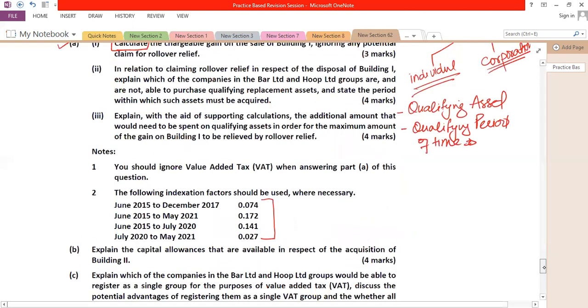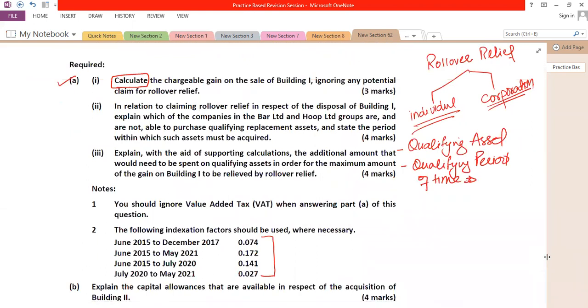Now let's move on to the next part. In relation to claiming rollover relief in respect of the disposal of building 1, explain which of the companies in the Bar Limited and Hoop Limited groups are and are not able to purchase a qualifying replacement asset, and state the period within which such an asset must be acquired.